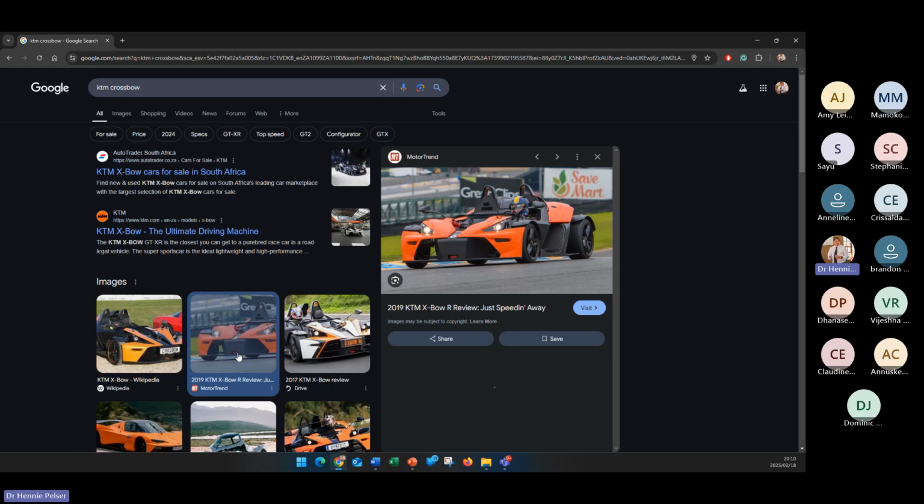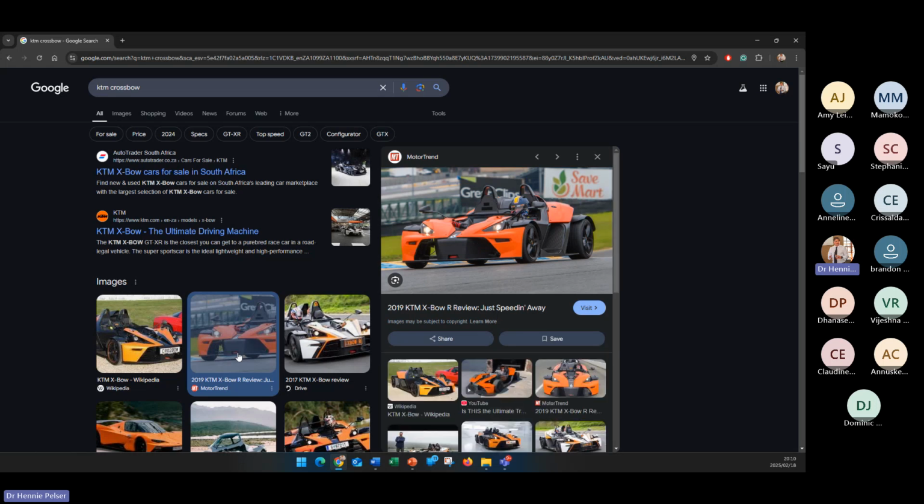So what KTM did is they had a pretty good recipe for success, and they used current technologies and built a motor vehicle. Volkswagen, a good few years ago, introduced their Amarok and introduced a bakkie. Mercedes attempted to introduce a bakkie. It failed dismally and it disappeared very quickly.